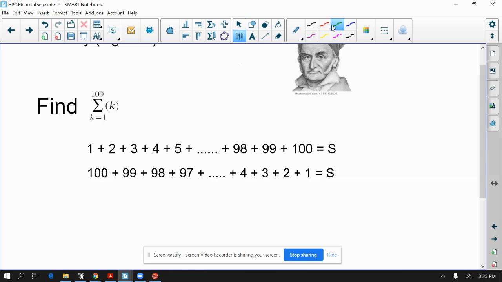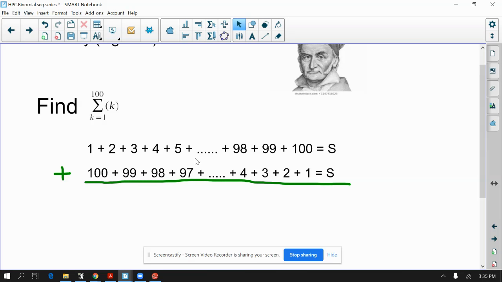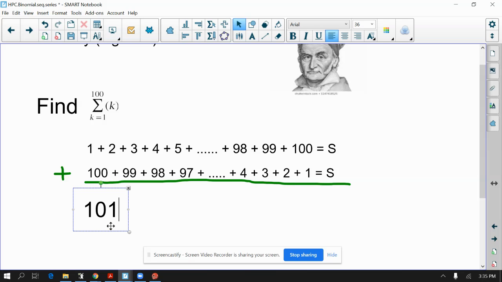But his incredible insight, and he probably just saw this many, many steps ahead before even writing it down, was that he realized you could add these up. And now take a second to see the significance of adding these two equations. You would take 1 plus 100 and get 101.